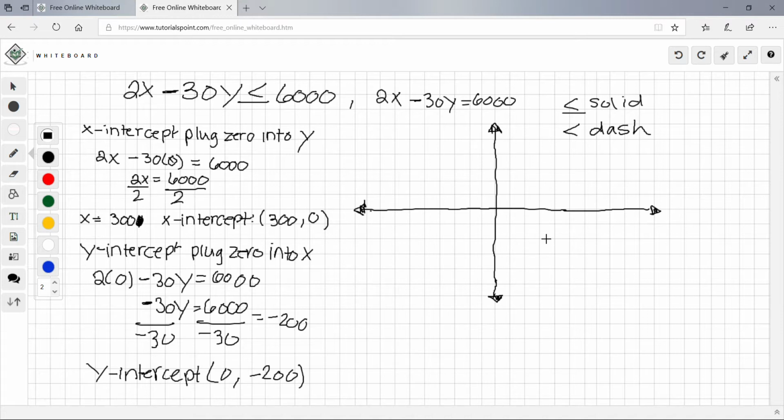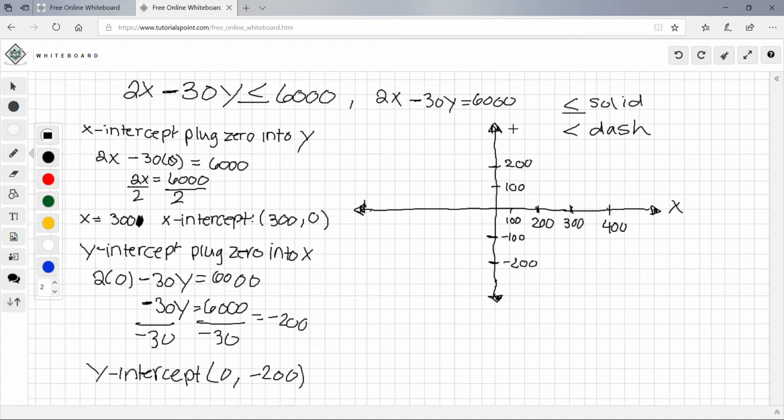Instead of 1, I'm going to count everything by 100s. So this is 100, this is 200, this is not to scale, this is 400, negative 100, negative 200, and so on.